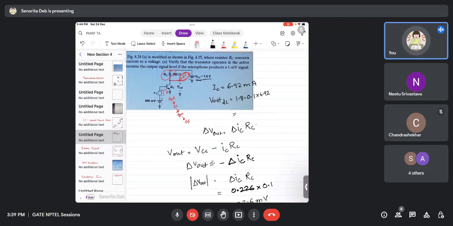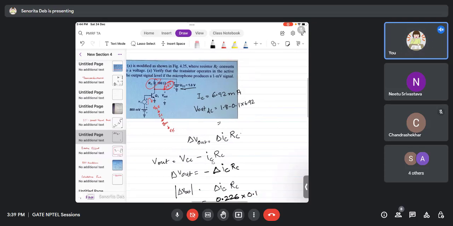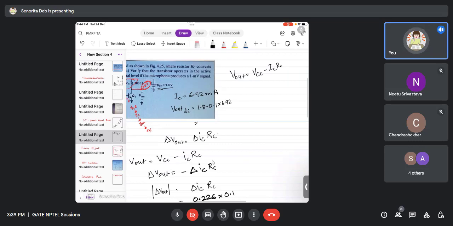So what I was saying is that in the earlier question, I had written that V out is equal to VCC minus ICRC, right? But what I did was I put the value of delta IC here and calculated, which is wrong, because if I use delta IC, the equation is delta V out equals delta VCC, which is nothing but 0 because that's a battery, minus delta IC RC.